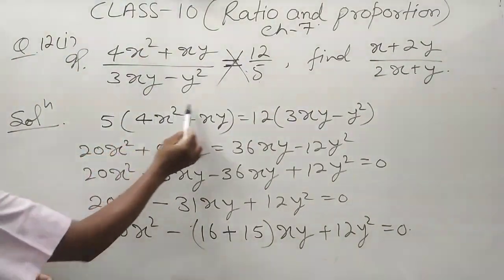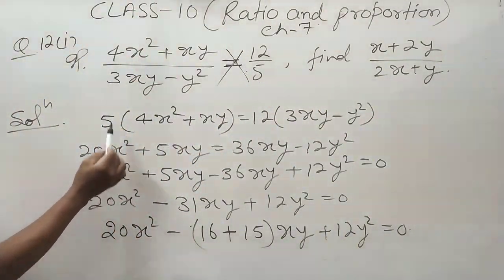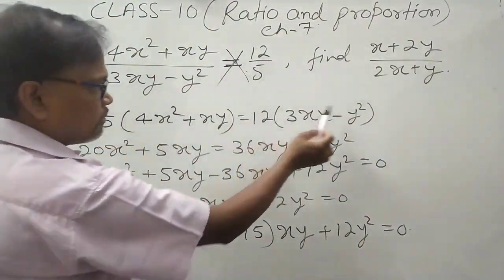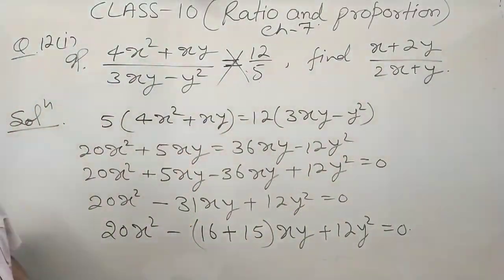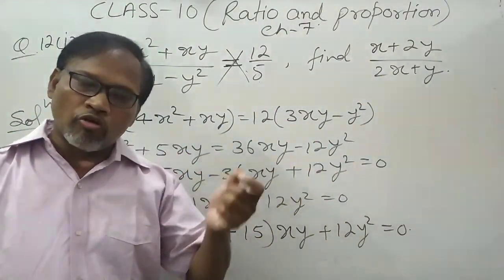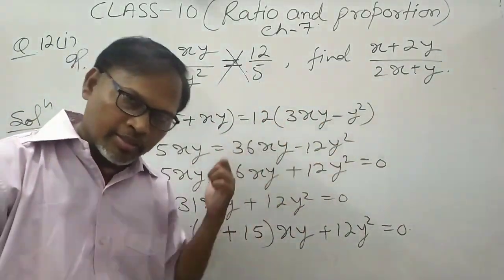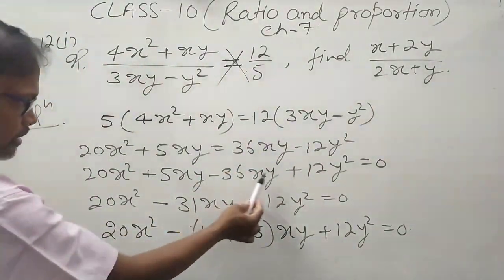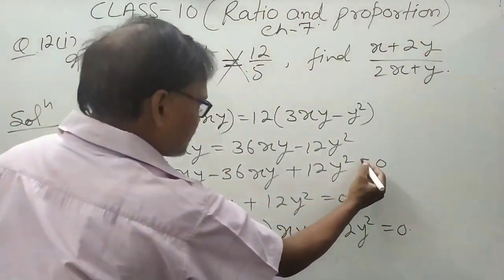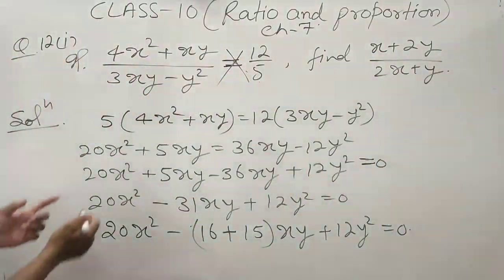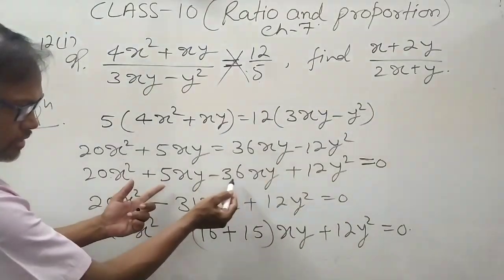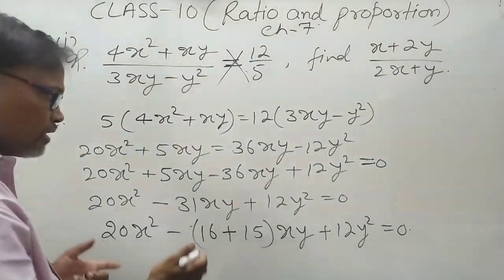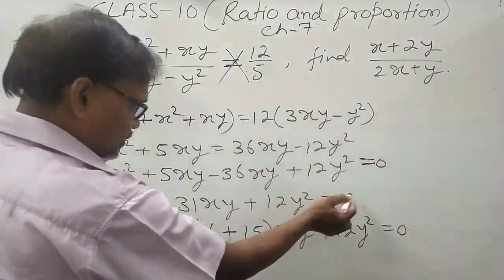Then multiply: 5 fours are 20x square, plus 5xy is equal to 36xy minus 12y square. Then take all the terms to the left hand side, so the right hand side will be 0. 20x square, 5xy minus 36xy, these two you can write as minus 31xy, plus 12y square is equal to 0.